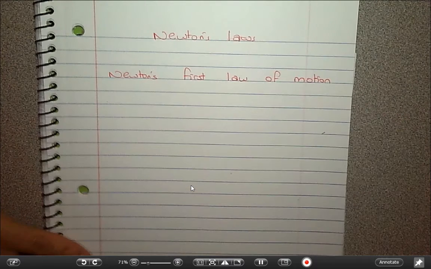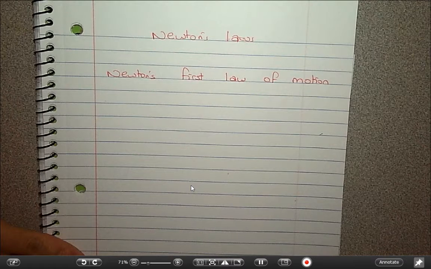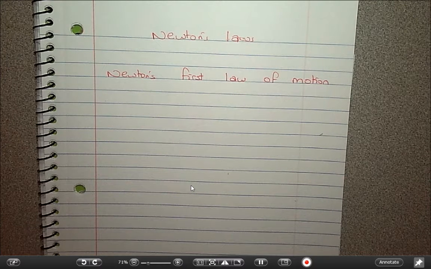What we learned in the previous unit, we learned about motion and graphs, and motion and time, velocity, and distance.